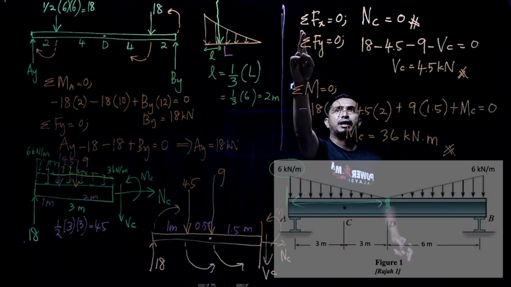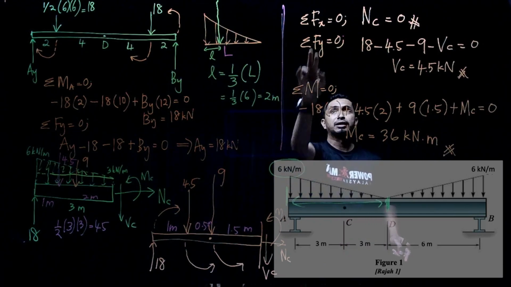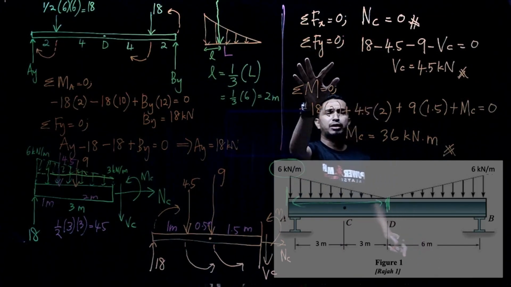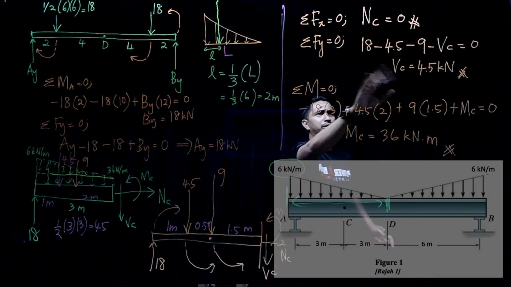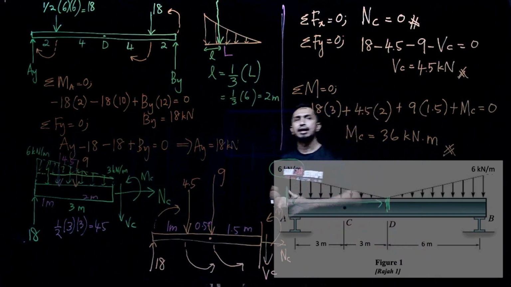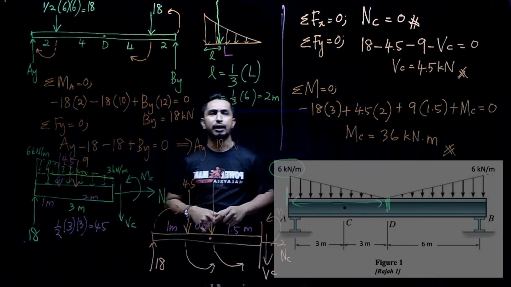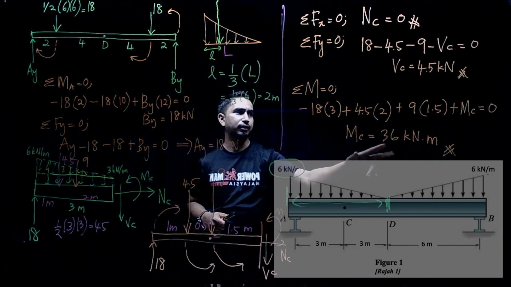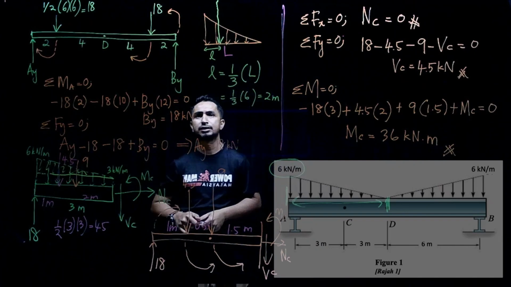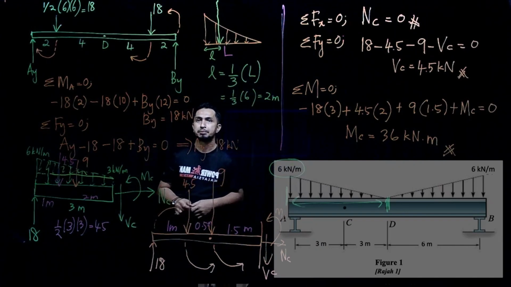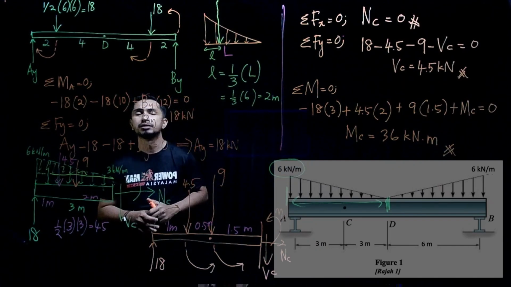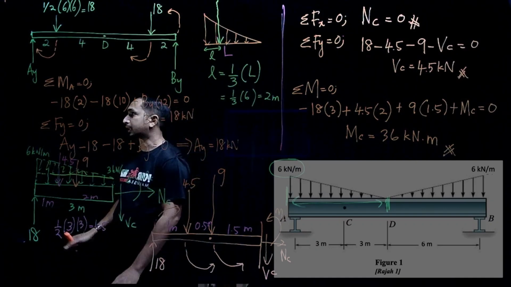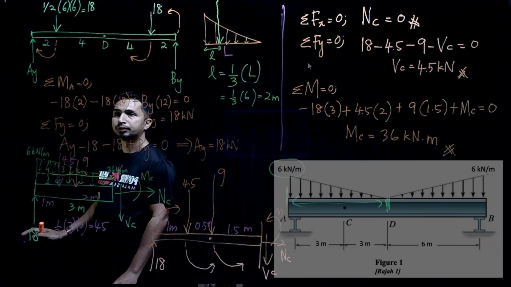Then you can find the 3 parameters in internal loading. For Fx, NC; if you write down the equation of Y equal to 0, then you will get the shear force. And the last one, the moment at point C. So finally you will get the final value, that is 36 kilonewton meter. So this is how you solve question number 1. We'll move to question number 2.